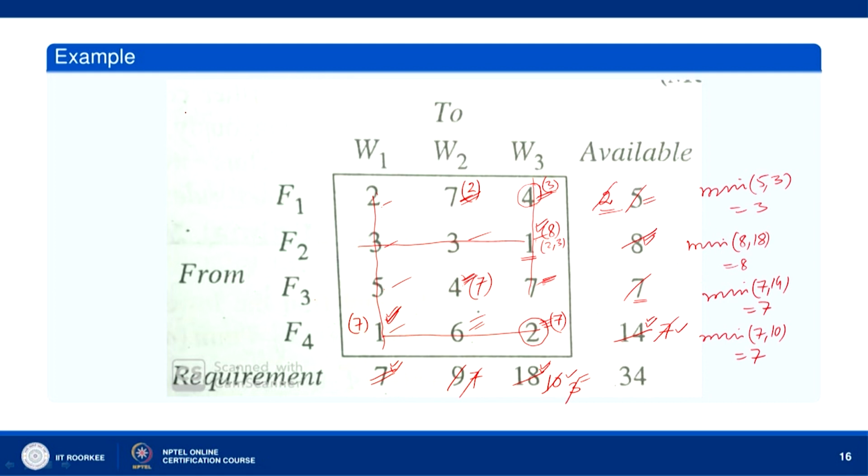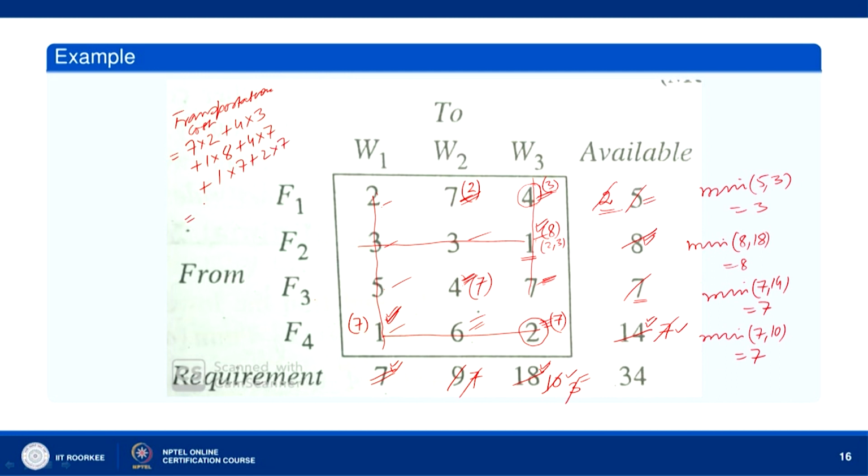Okay. So, what is the transportation cost? This is equal to 7 into 2, then 4 into 3, then we have 1 into 8, and then we have 4 into 7, then we have 1 into 7, and then we have 2 into 7.